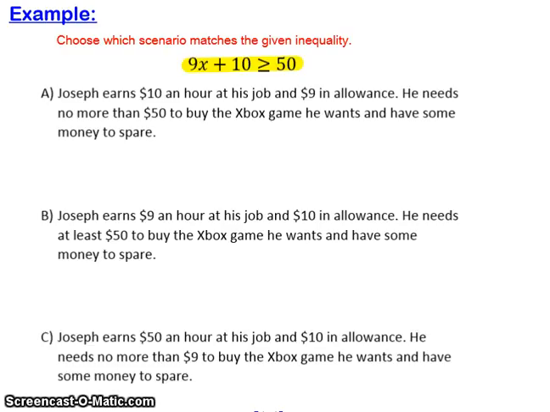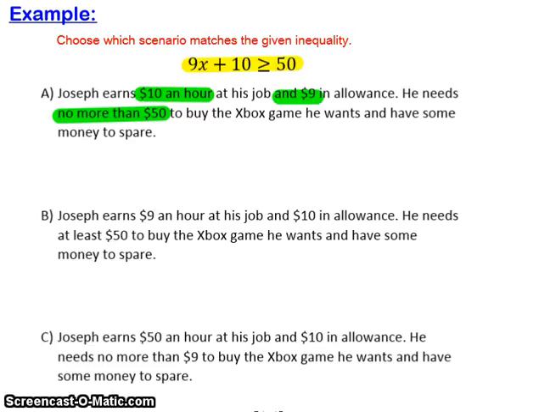So letter A says Joseph earns $10 an hour at his job and $9 in allowance. He needs no more than $50 to buy the Xbox game he wants and have some money to spare. So I need to highlight the important information. $10 an hour is going to be important, and $9, and then no more than $50.